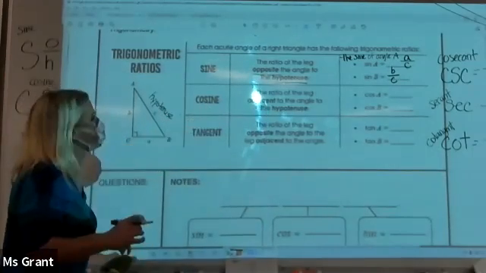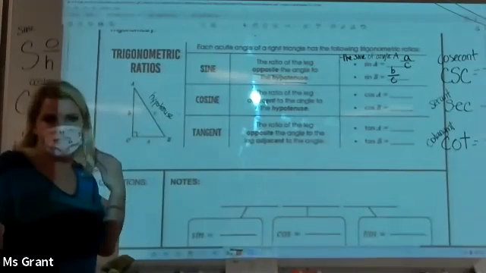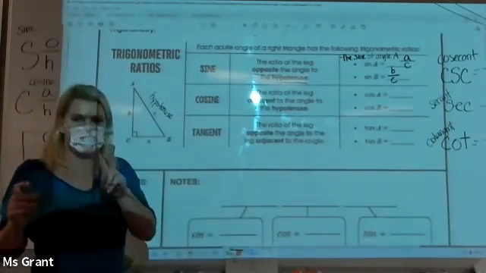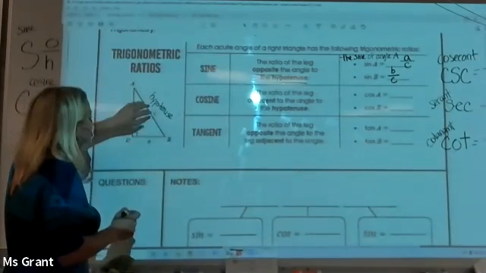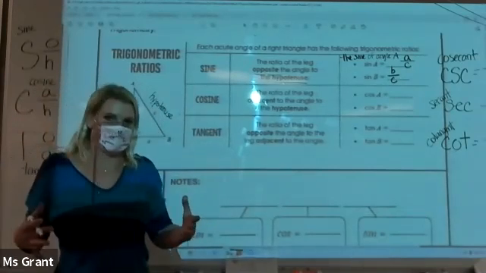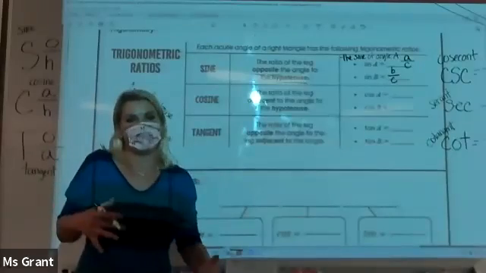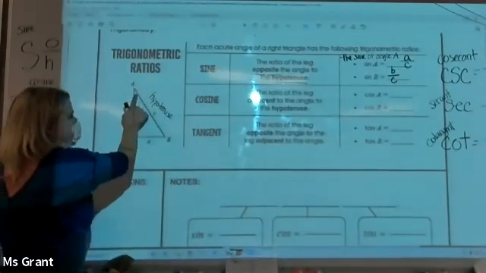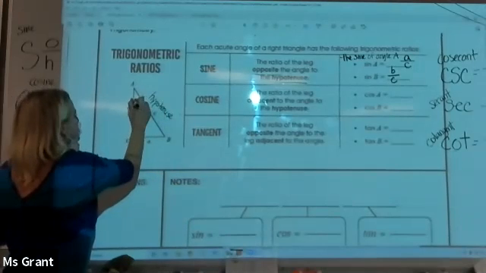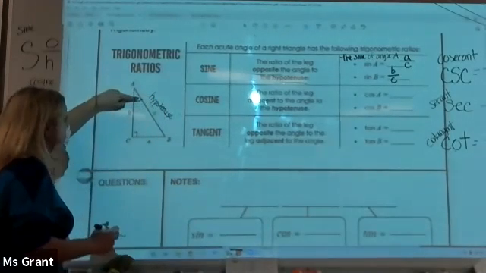Cosine. Cosine is another vocabulary word, and it compares adjacent. Now, remember, adjacent means next to. So it's the side that's next to the angle. Cosine of A. So here's angle A, right?